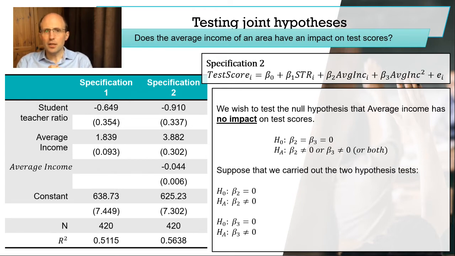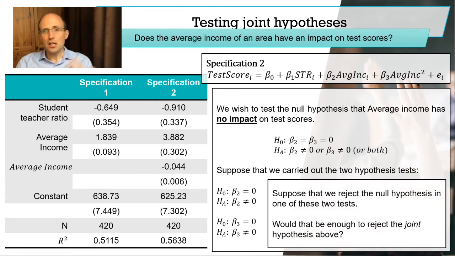Now, one possible strategy to test this joint hypothesis that beta 2 and beta 3 are both equal to 0 might be simply to look at the null hypothesis that beta 2 is equal to 0 against the alternative that it's non-zero, the null hypothesis that beta 3 is equal to 0 against the alternative that it's non-zero, and then if we reject the null in either, maybe that's sufficient in order to reject our hypothesis that beta 2 is equal to beta 3 is equal to 0.